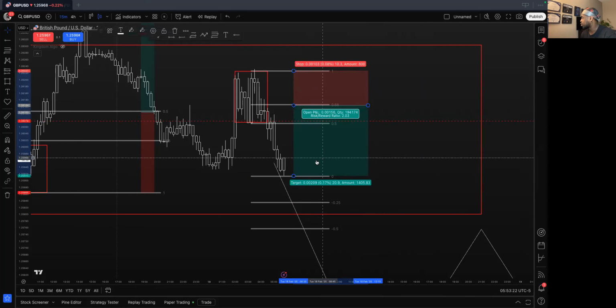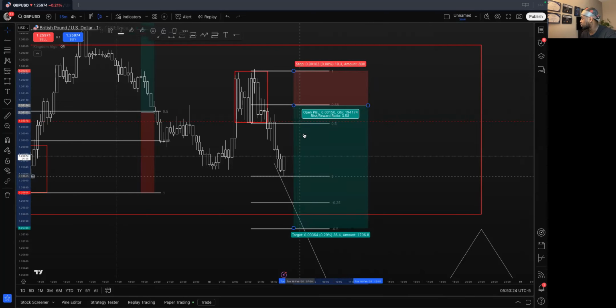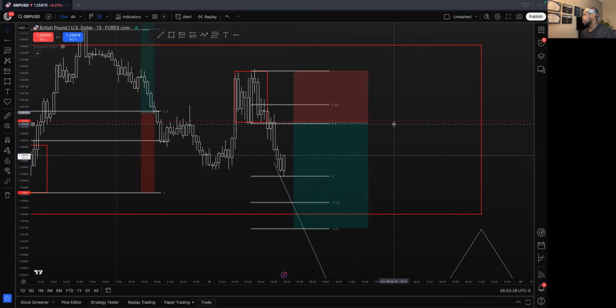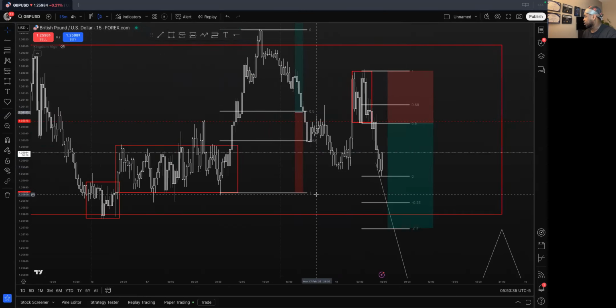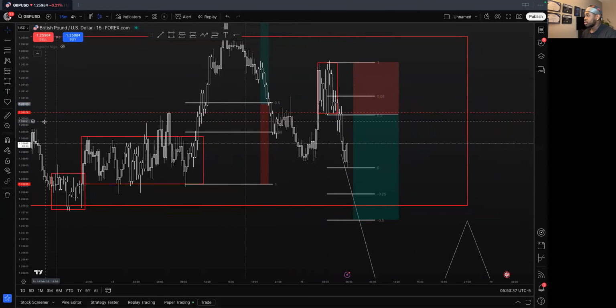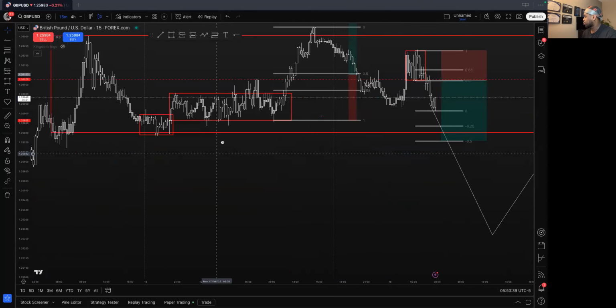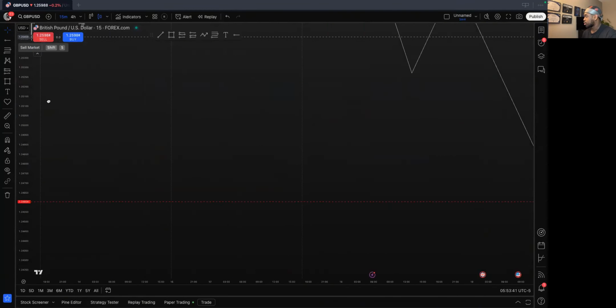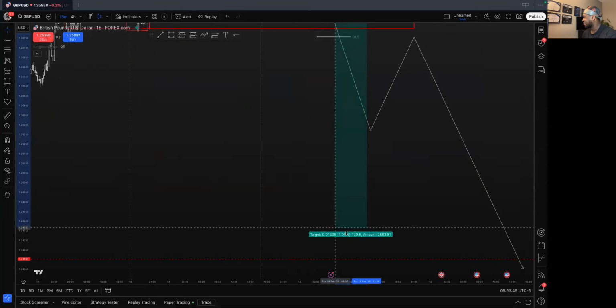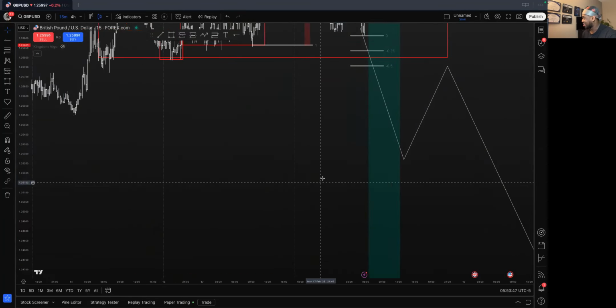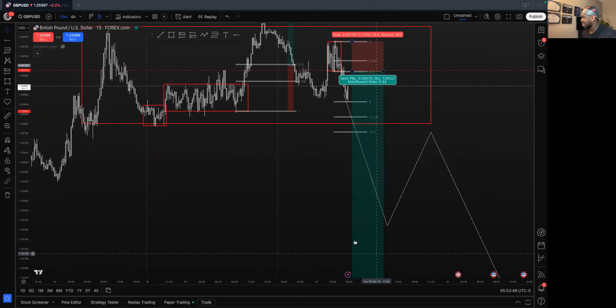So this is a 1 to 3, that's a 1 to 2. So this whole setup could be a 1 to 5 risk to reward ratio, which is what we like to see. But as we see, we're getting the setup now. So I'm just going to target all the way down here just to see. Will it push all the way down here? I doubt it.